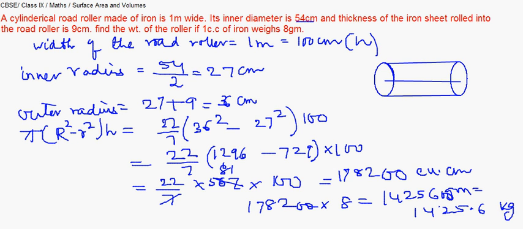Let's move on with one more question. The volume of a cylinder is given by 448 pi cubic centimeter, and the height is 7 centimeter.